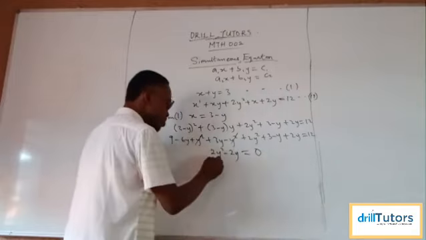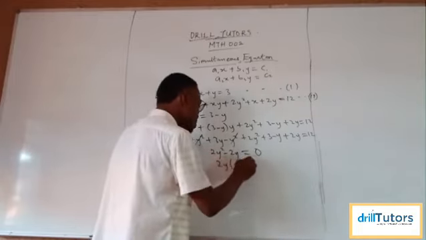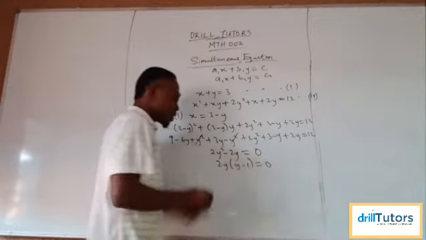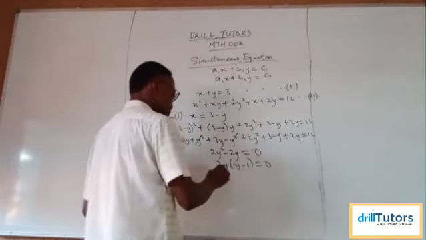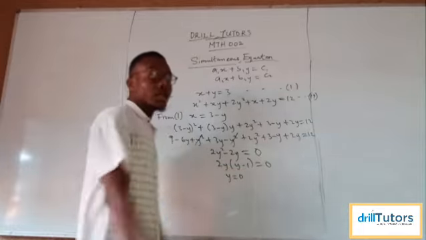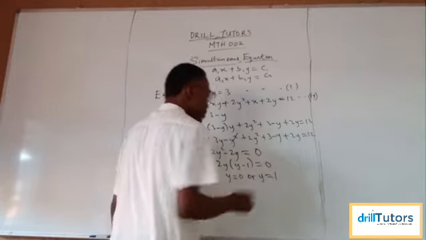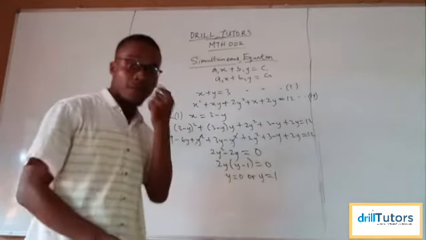From here, 2y is common, so 2y into brackets y minus 1 is equal to 0. This simply implies that either y is equal to 0, because 2y equal to 0 means y is 0, or y is equal to 1. So that is the solution for y.